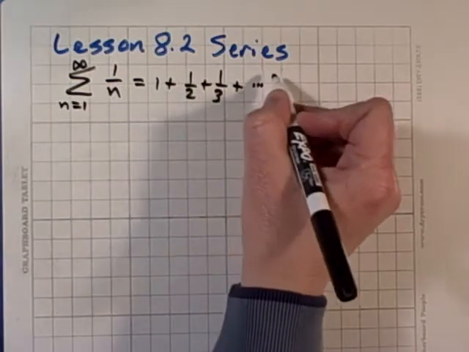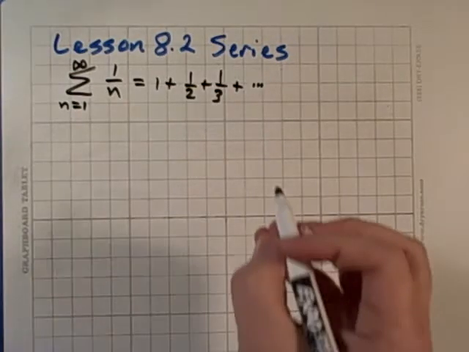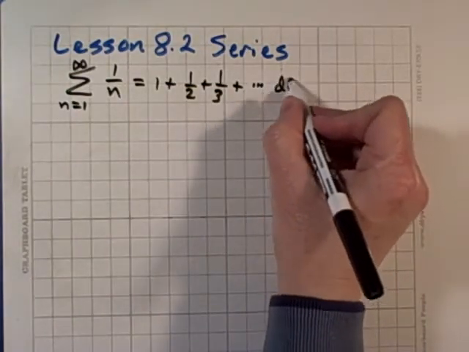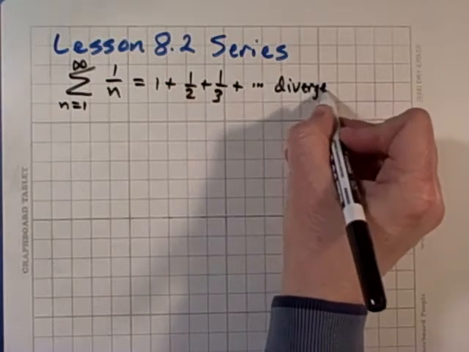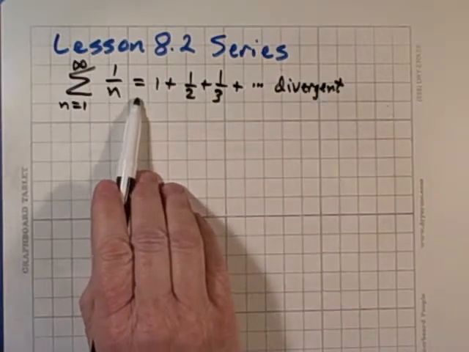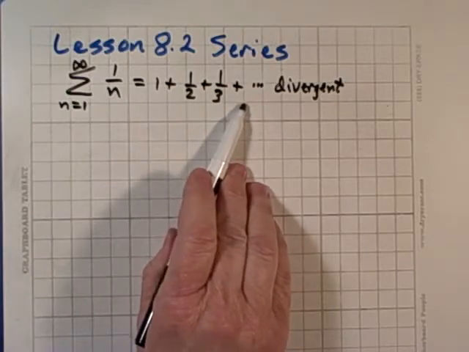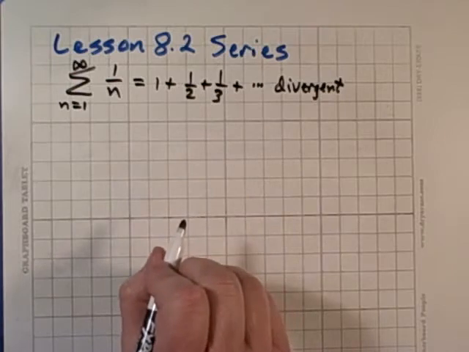It's always getting bigger, but in fact it is divergent. The sum continues to infinity, and we are not able to find it. It's true that the terms head towards 0, but the sum does not.